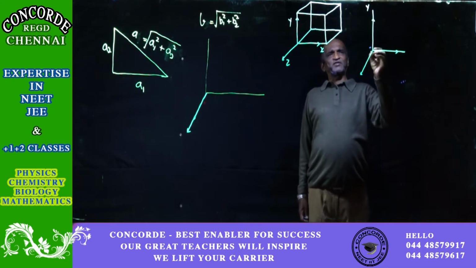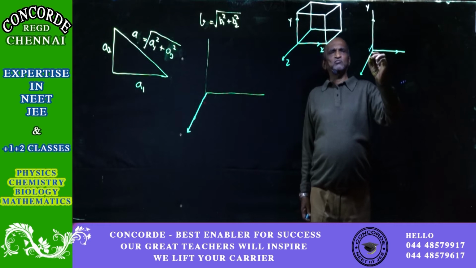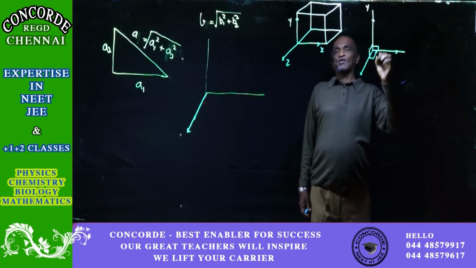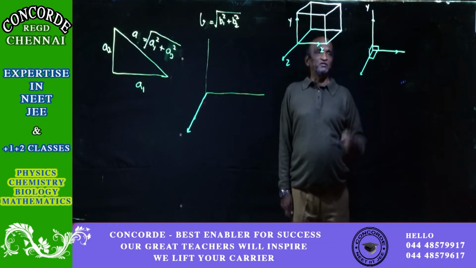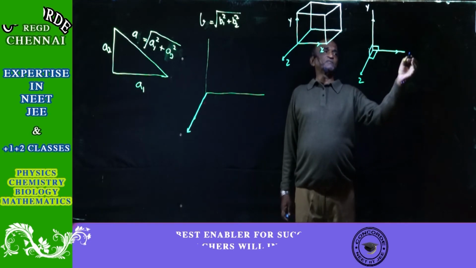So this is 90. You have to imagine all these things. Now you will get a better picture after showing the angles, all of them 90 degrees. So this is the z-axis.